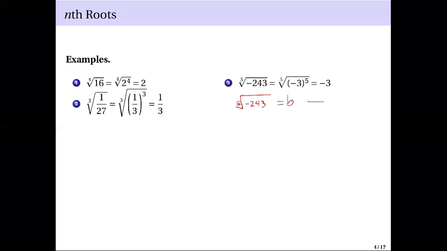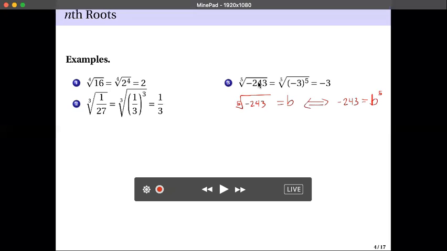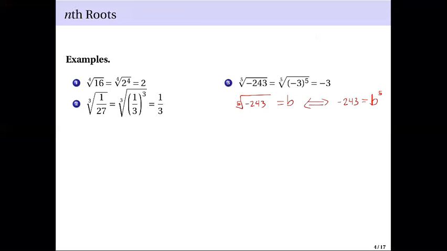And this means that negative 243 must be equal to b to the power 5.